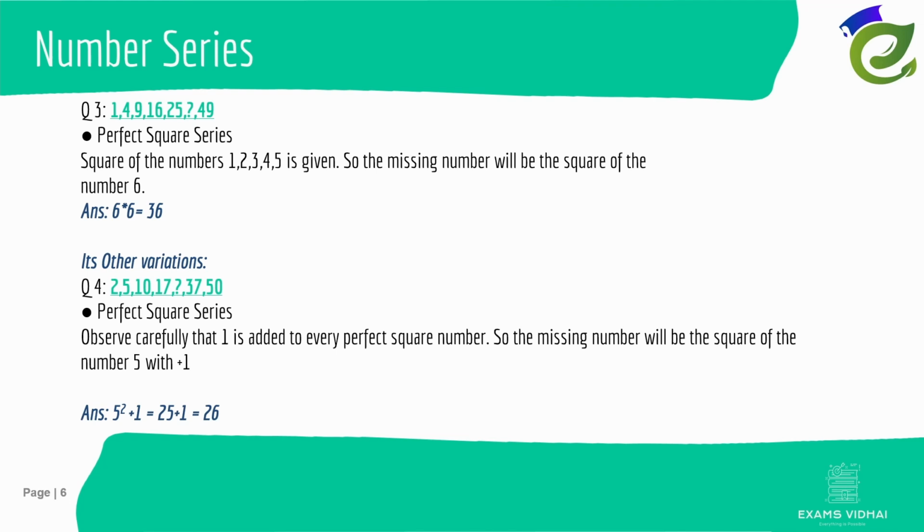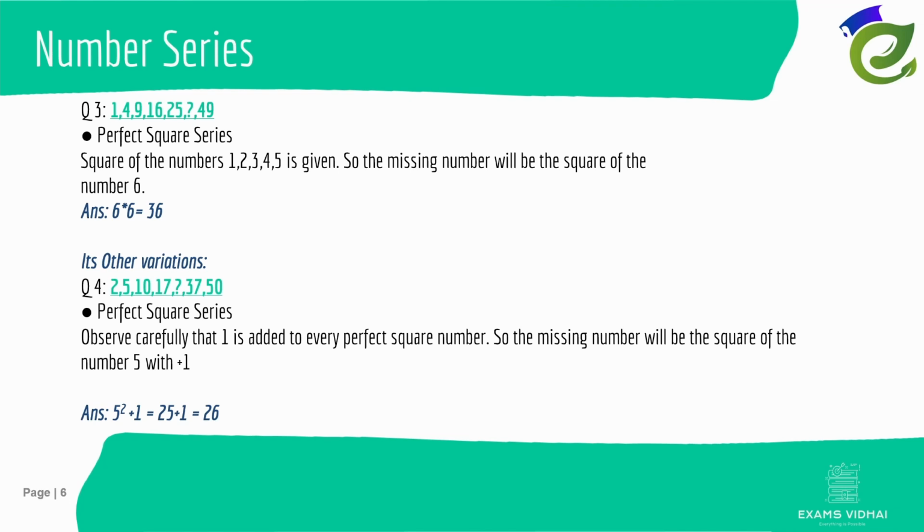It also has other variants. Let's see. We are given 2, 5, 10, 17, question mark, 37, 50. What can you observe from here? Take a pause. Okay. Observe carefully that 1 is added to every perfect square number.